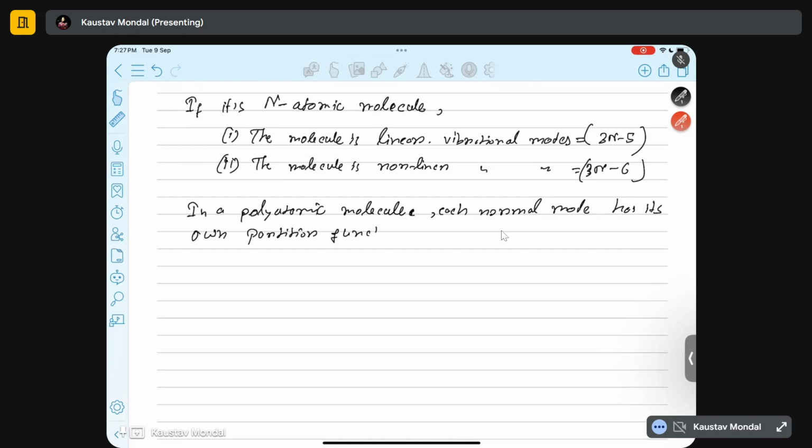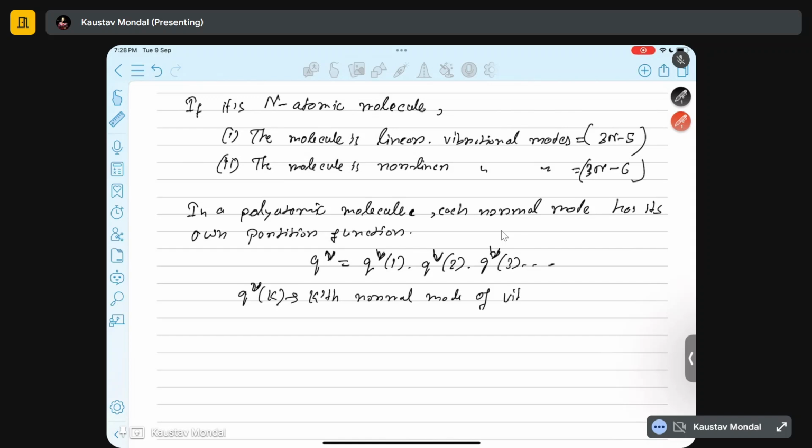So Q_v is basically equal to Q_v1 into Q_v2 into Q_v3 and so on. Here 1, 2, 3 denote the modes of vibration: 1 is the first mode, 2 is the second mode, 3 is the third mode. K is the k normal modes of vibration. Q_vk is the kth normal mode of vibration.